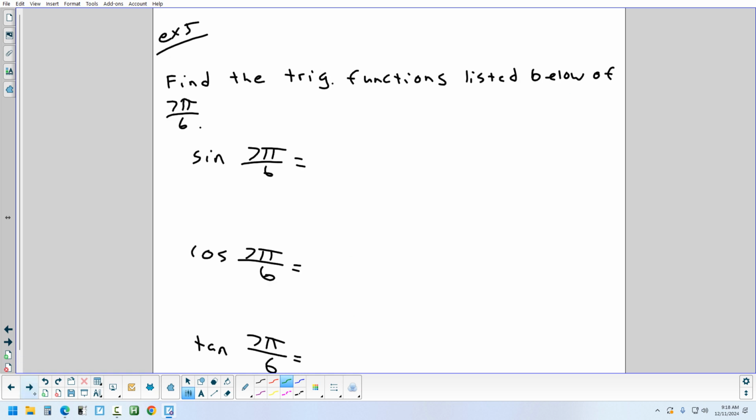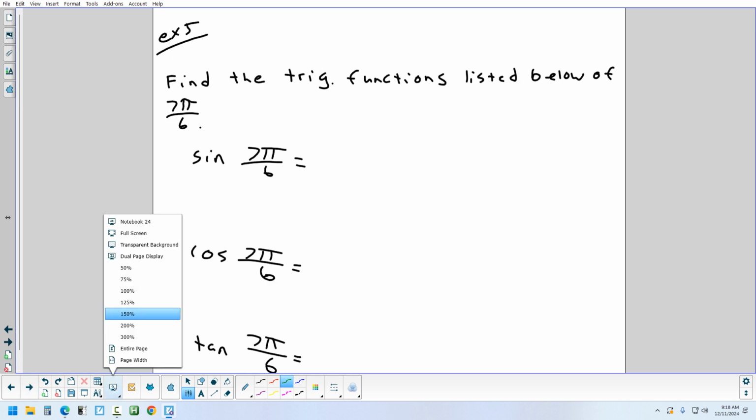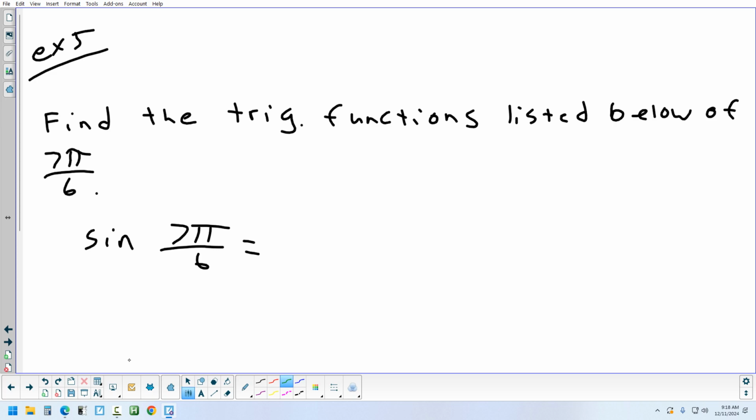Okay, let's try to do the next one completely visualizing it in our head. 7 pi over 6. If you're not sure what 7 pi over 6 is, then break it down and think of it as pi over 6, and then multiply by 7 after.